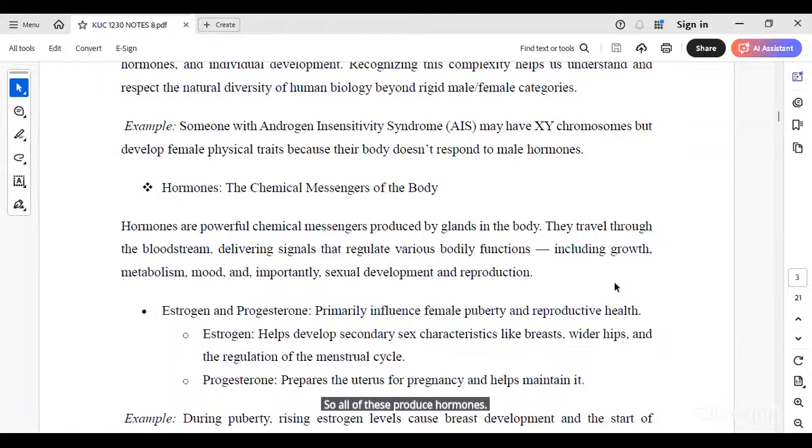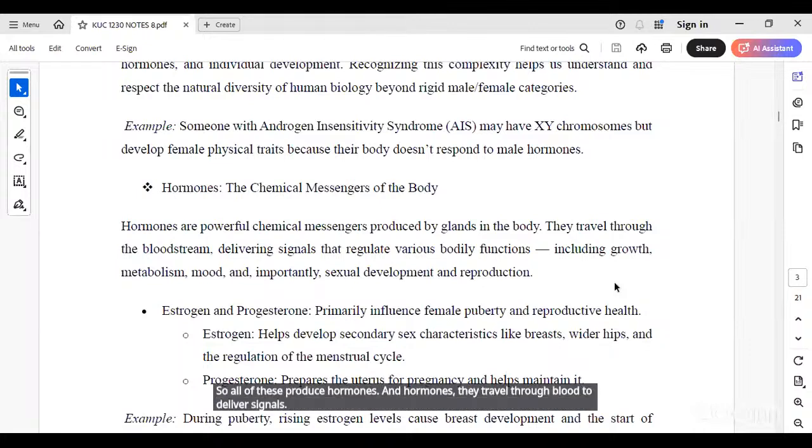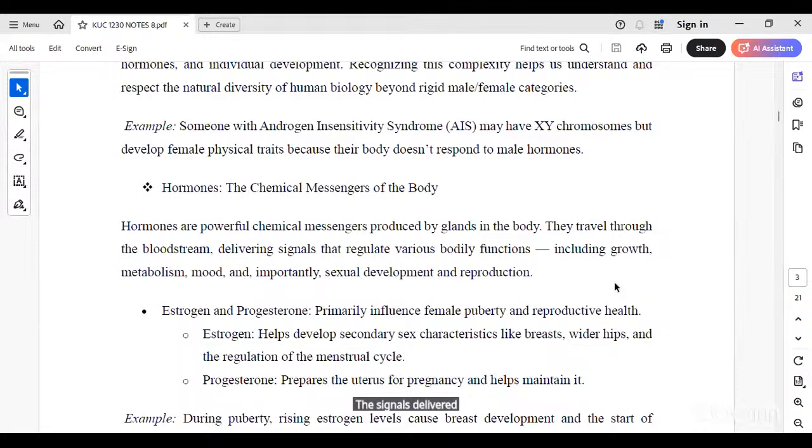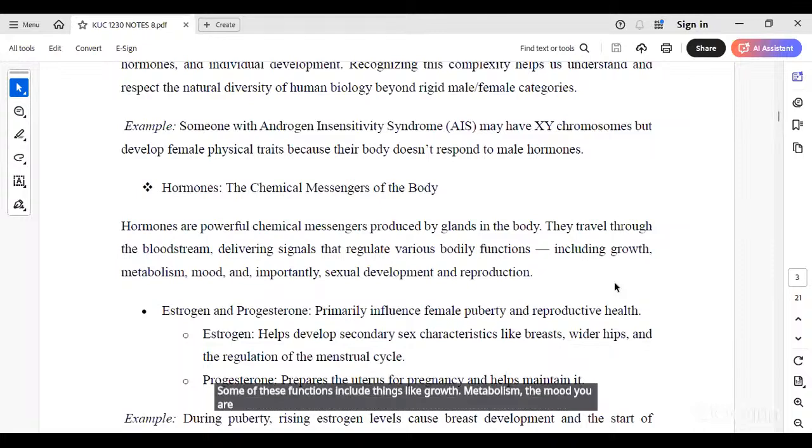And hormones travel through blood to deliver signals. The signals delivered by these hormones will regulate various body functions. Some of these functions include things like growth, metabolism, the mood you are in, for example, and most importantly, sexual development and reproduction.